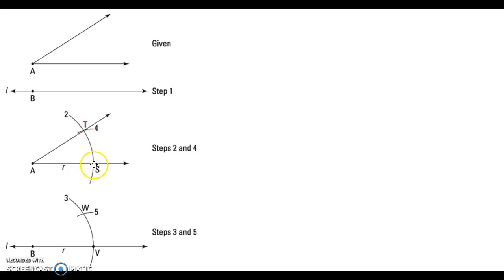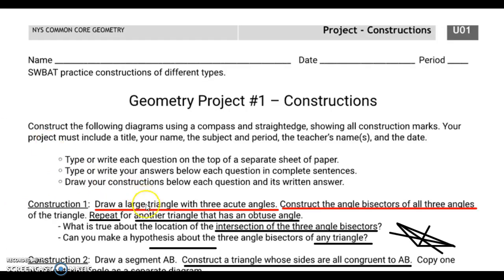They put the point of the compass here and the pencil of the compass here to get that width. And then they copied the width over to this line that they drew. Once they have that intersecting point, notice that that intersecting point is the same width or the same distance away from the intersection point as in the original angle. So if you were to just connect this like this, we have two exactly equal or congruent angles. So that's copying an angle.